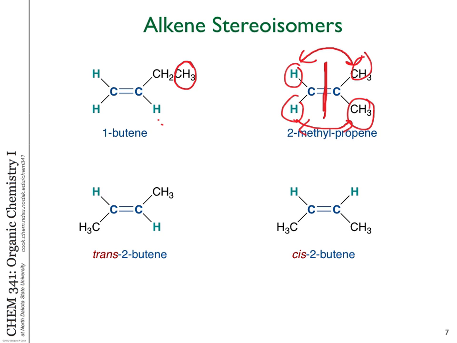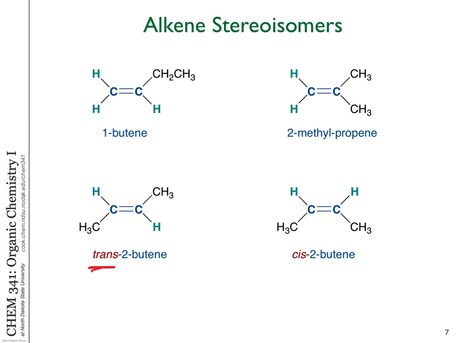But once you now start having situations where you have different groups on the left side of the double bond and different groups on the right side of the double bond, now you have a situation where if you switch them from the top to the bottom, as I've drawn here, you get a different stereoisomer because it's fixed in space. So trans 2-butene, this trans we're familiar with from the groups on a ring, right?